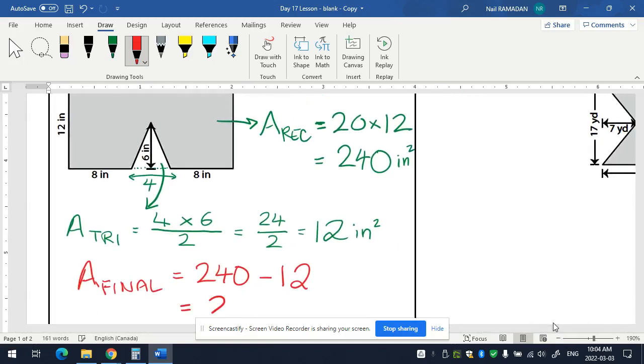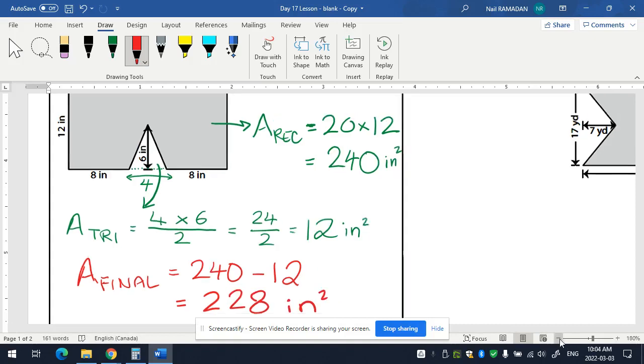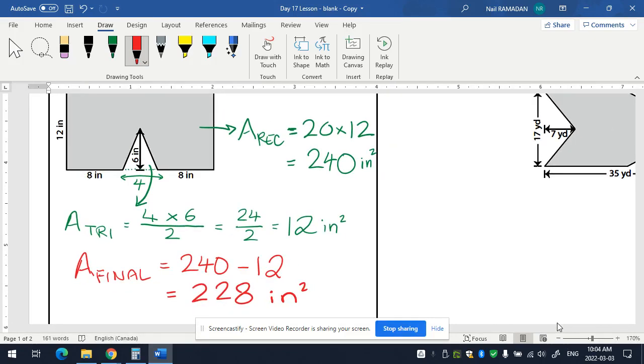Equals how much? 228. In what? In inches squared. And that's how we do this problem. Good. Again, being organized is the name of the game.